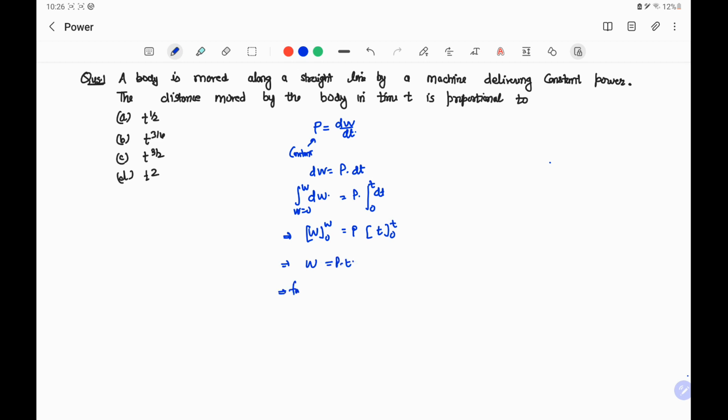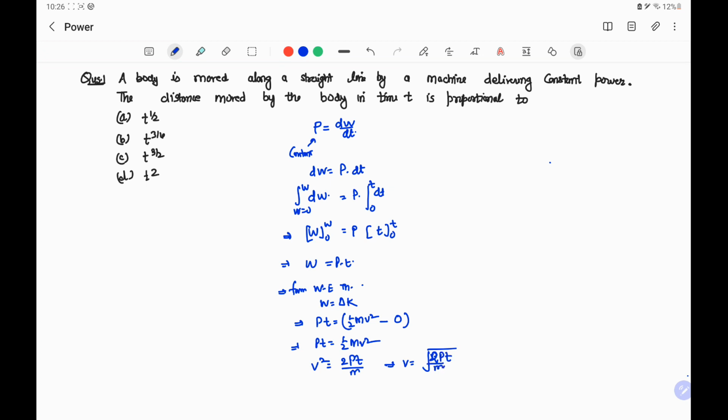From work energy theorem, we know that this work will be equal to change in kinetic energy. Therefore, Pt will be equal to half mv square if velocity is v after time t, minus initially body is at rest, so kinetic energy will be 0. Therefore, Pt will be equal to half mv square, or we can write v square is equal to 2Pt by m. This will give velocity v is equal to root 2Pt by m.